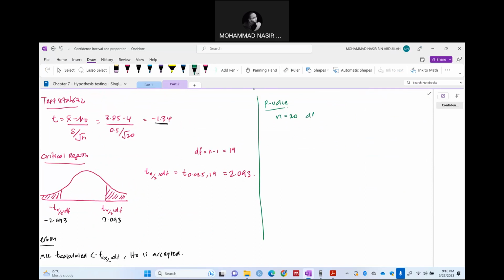Our degree of freedom equal to 19. Our t calculated equal to negative 1.34, right? So the p-value is equal to 2 multiplied with the probability of t with degree of freedom more than the absolute of t calculated.